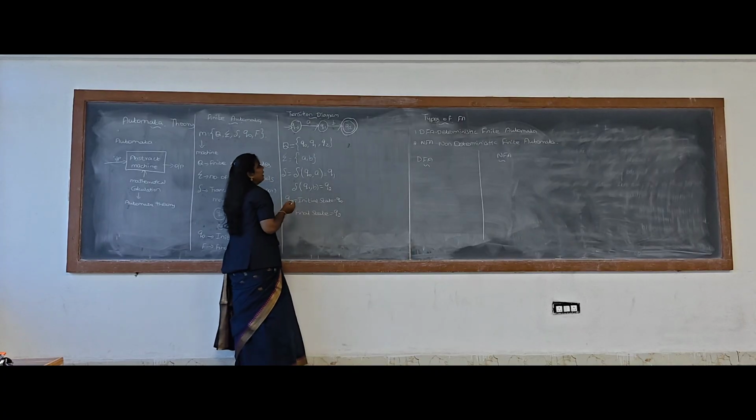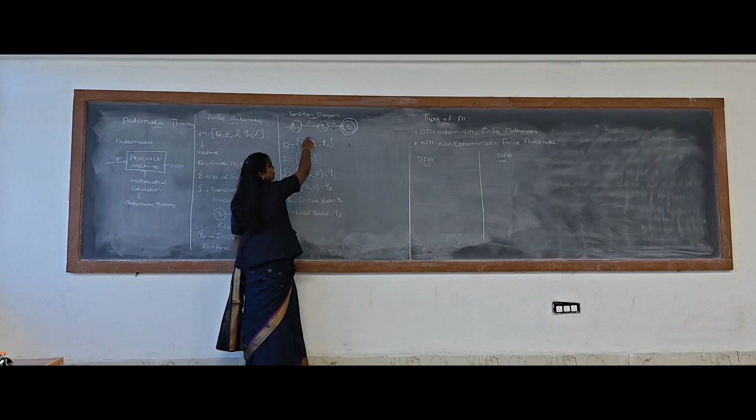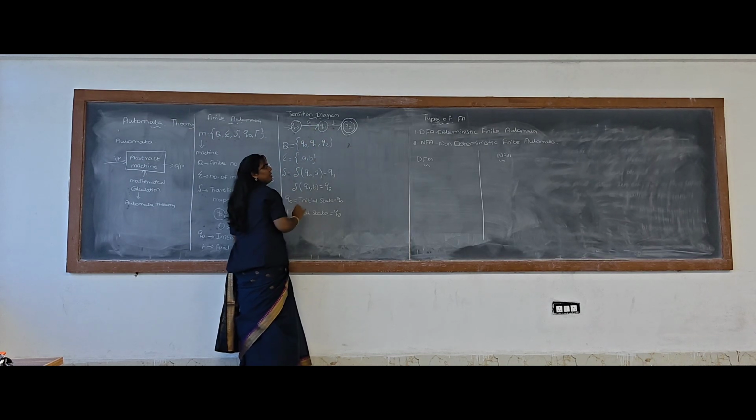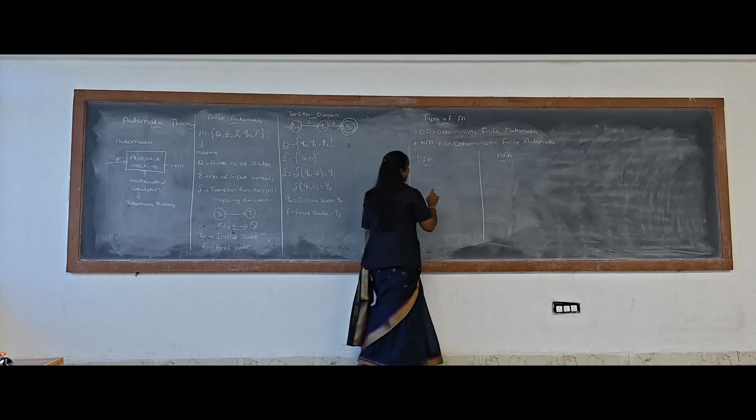Another difference is that in DFA, by using a single input, the transition is done from one state to another state. But in NFA, by using a single input, the transition can be done to more than one state. That is the major difference between DFA and NFA. So we will see one example.